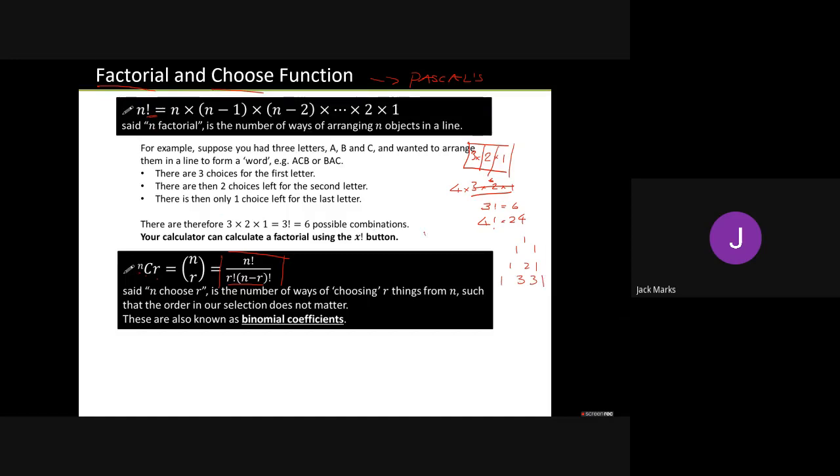Let's do 3 choose 2. If you type that in, check that you can do that on your calculator, you should get the answer 3. What you're saying effectively is, how many ways can you pick 2 things out of 3 things?